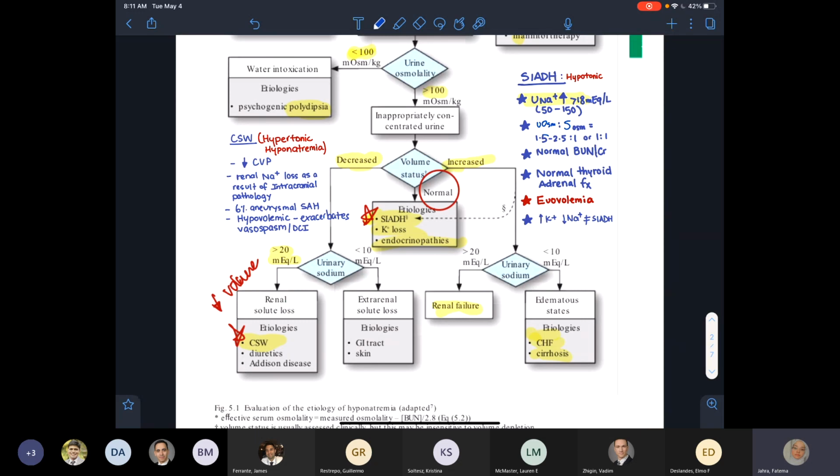Although they can't really explain why the body is not trying to save the sodium, that's unknown. But for our purposes, to diagnose, now we have normal to high volume, and a urine to serum osm ratio of 1.5 to 2.5 to 1. It can also be just 1 to 1. But the bottom line is that your serum osm is low.